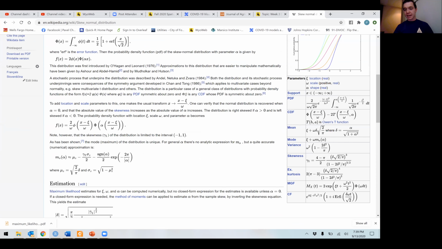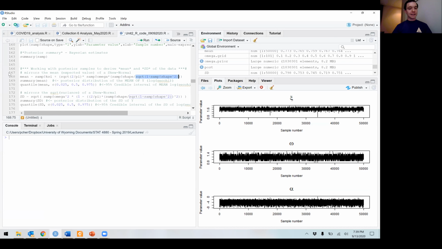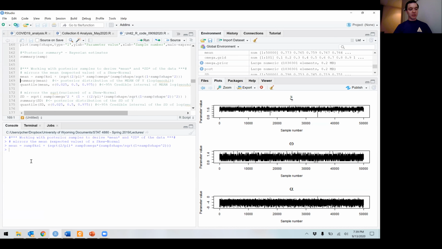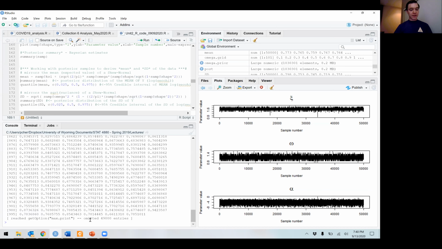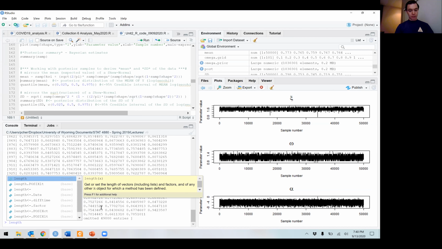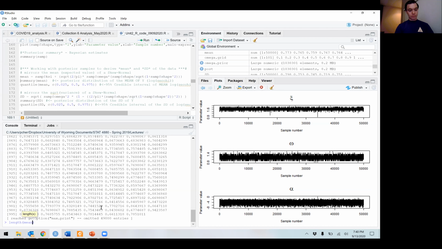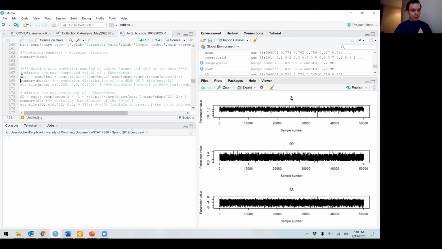So I'll first make this delta value, and then I plug it into the formula. We combine this mean one sample at a time. This mean now has 50,000 values. I can say length of the mean, 50,000. Very cool. I now have a posterior distribution of the mean.